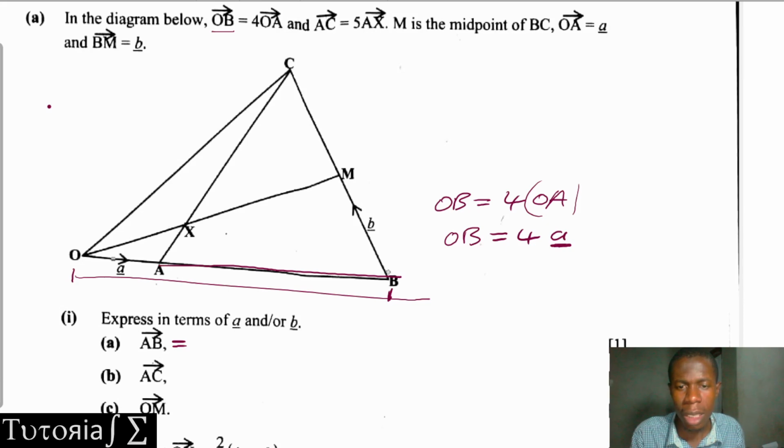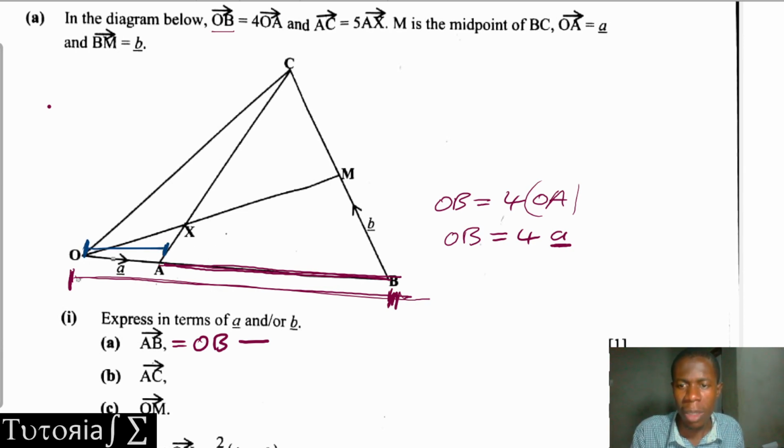AB can be found by getting OB and subtracting from it OA.